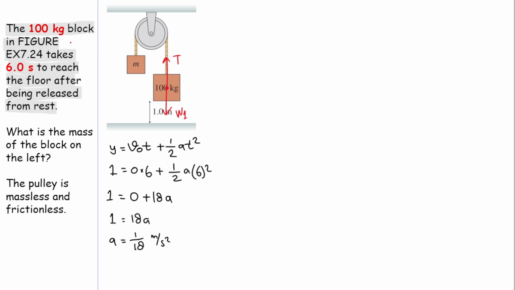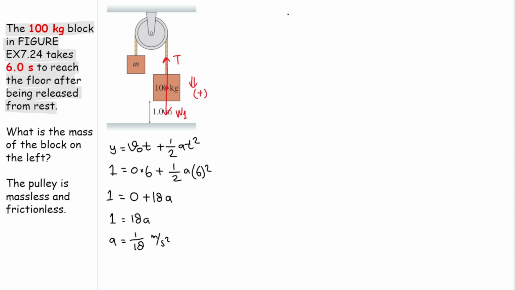And remember, the direction of movement here is going down, right? It takes 6 seconds to reach the floor. So initially it's here, and then it will reach the floor. So the direction of movement is downward, and I want the forces that go with this direction as positive.